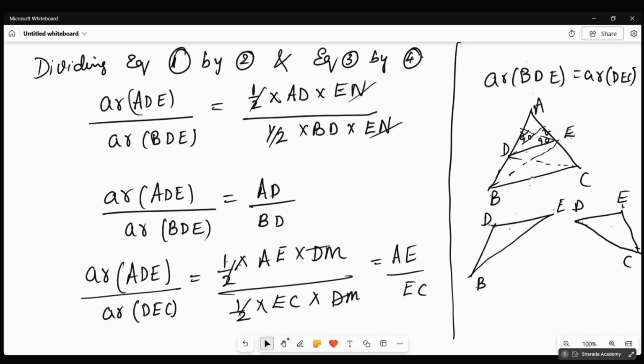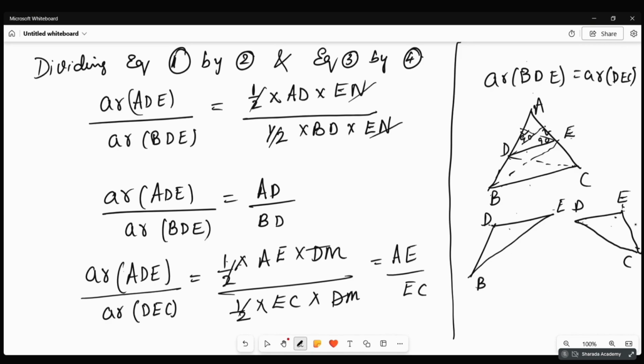Somewhere you would have studied earlier, but not in this class, an earlier class. So listen here, DE and DE, they have the same base and they are between the two parallel lines DE and BC only, no? So when two triangles have the same base and are between the same two parallel lines, then the two triangles will have the same area. So by that condition, these two areas are equal.